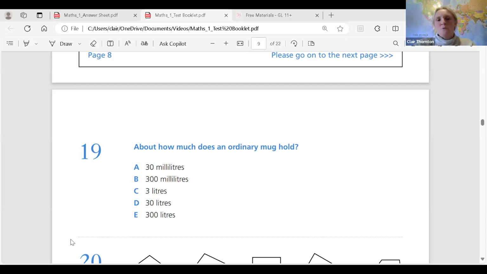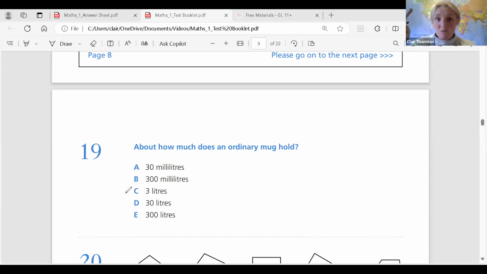So say I'm looking at this one and I go, right, okay, about how much does an ordinary mug hold? Okay, so I'm looking at it, I'm thinking, can I remember? Okay, so I know there's 1,000 milliliters in a liter. Is that necessarily going to help me with this? Possibly, because I might be able to think, right, well, okay, so I think that I have a carton of milk in my fridge.